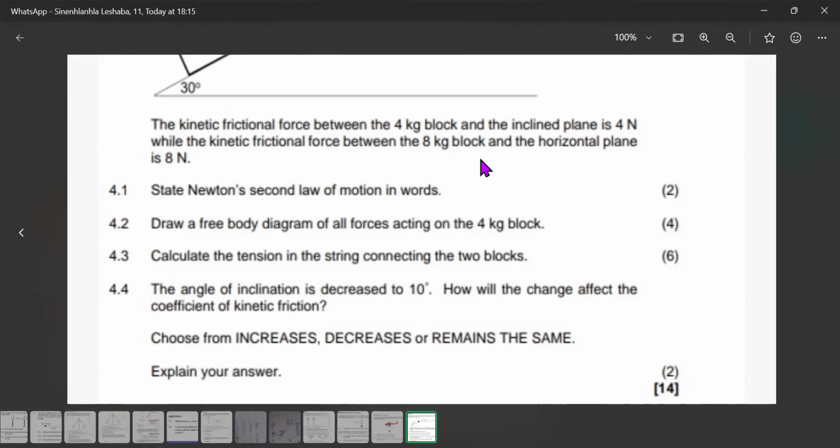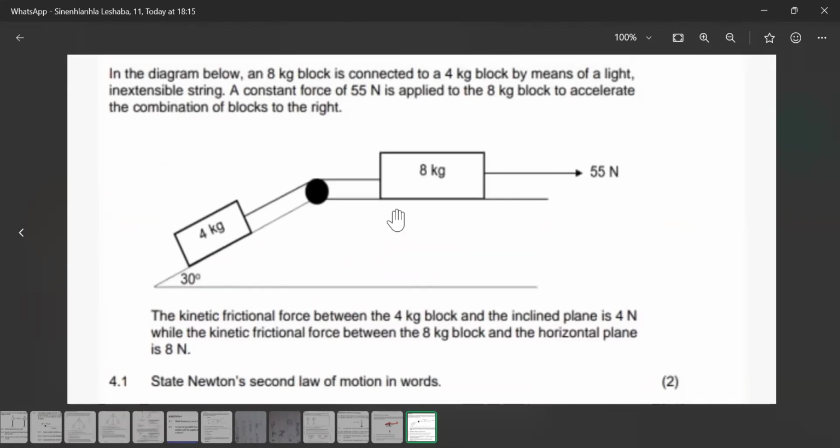It only depends on the type of material that the surfaces are made up of. But what is going to be affected is the normal force as well as the kinetic frictional force. How will they be affected?